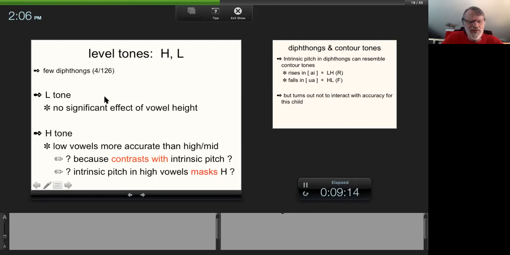Well, two things that you could look at. The intrinsic pitch of a low vowel is quite low, which gives the maximum contrast with a high tone. Perhaps that's what leads to the better accuracy. The other way of looking at it is that high vowels have a high intrinsic pitch, which could interfere with and mask the high tone. And perhaps that's what is going on.